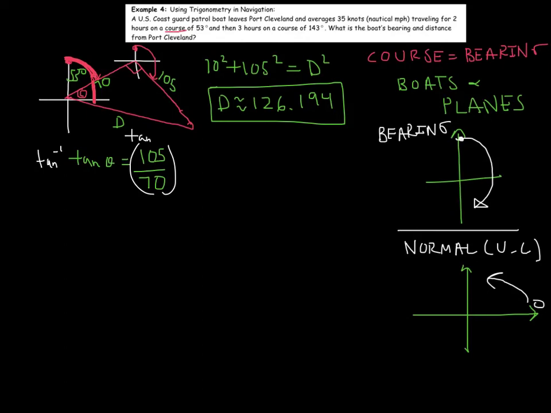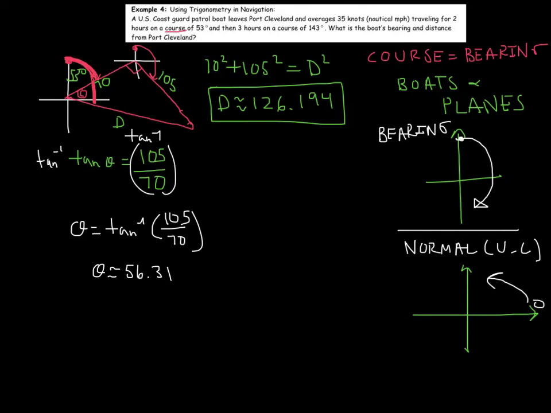So theta would equal the inverse tangent of 105 over 70, and that gives us a theta of 56.31. Remember, that is just theta.